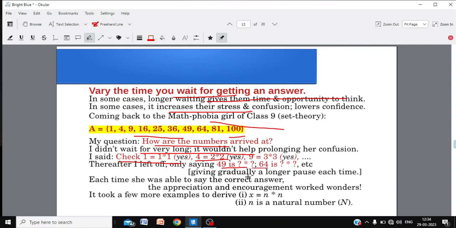Giving a slightly longer pause each time, each time she was able to say the correct answer. And now you can say that x equals n into n, because it's 1 into 1, 2 into 2, 3 into 3. That is the square of a natural number when x equals n into n. You can also write x equals n square. So vary the time according to the situation.